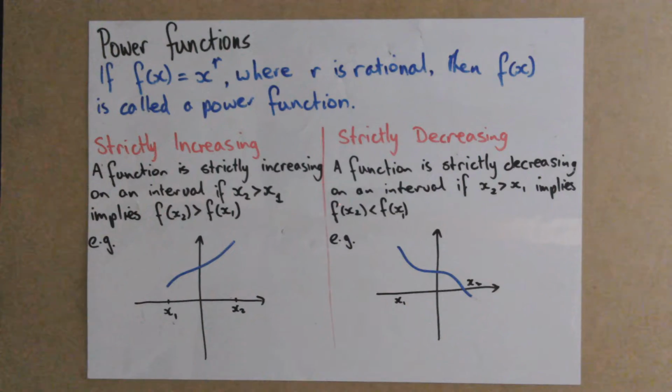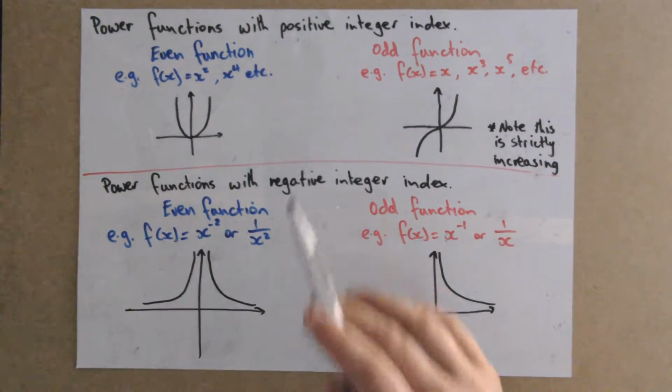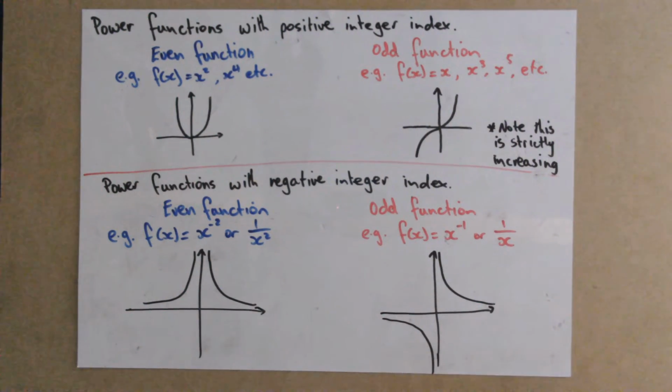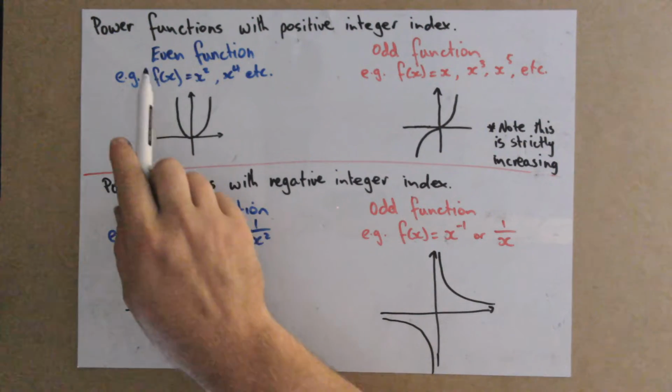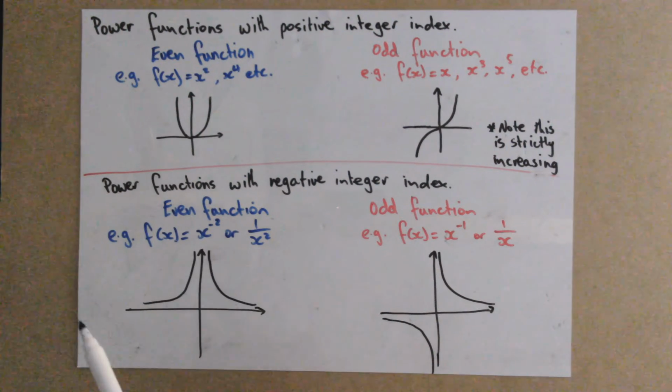Now we want to have a look at some specific examples of power functions. Power functions with positive integer index. If we've got an even function, so the powers are even here, this is what it's going to look like.